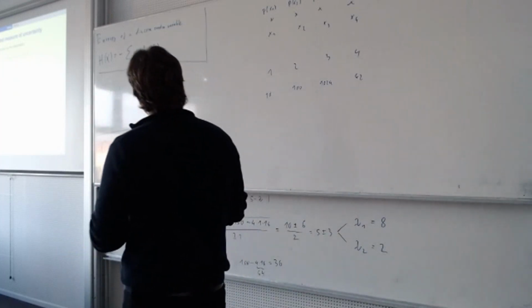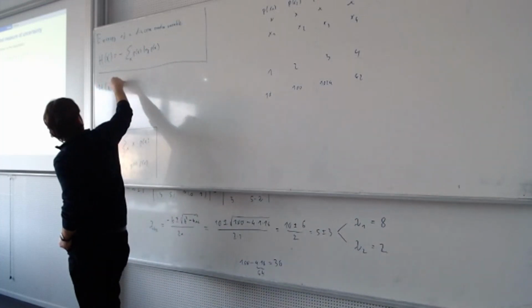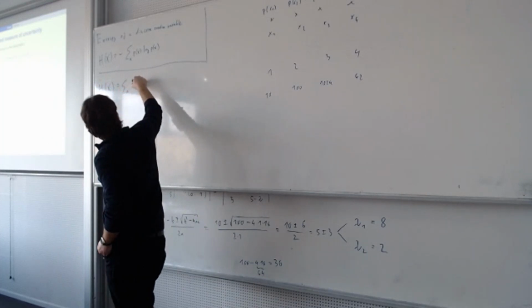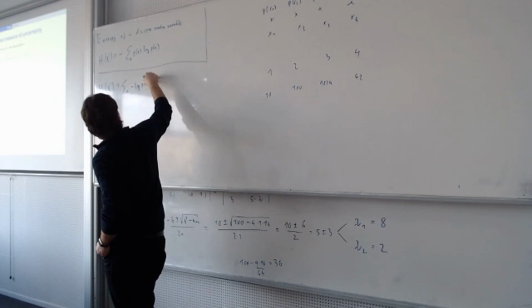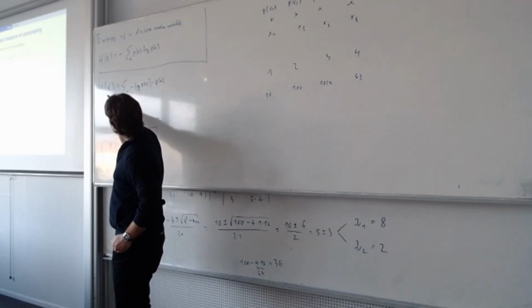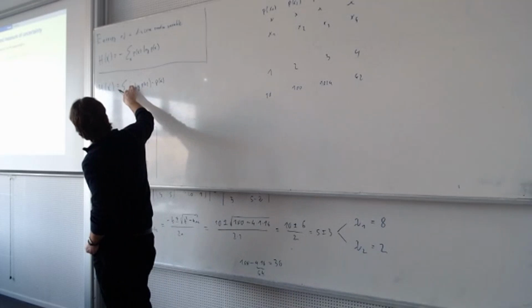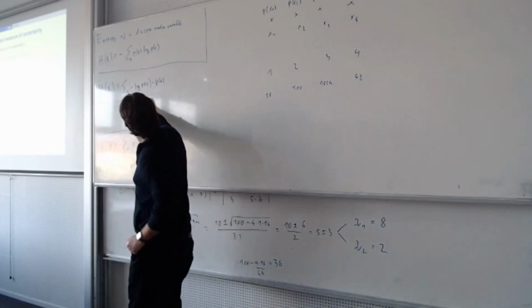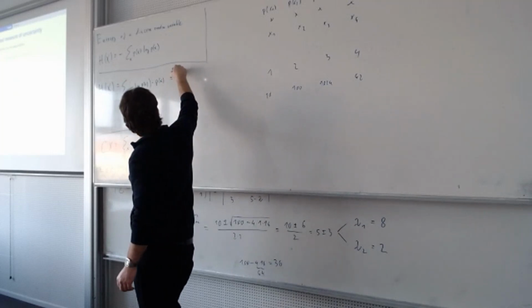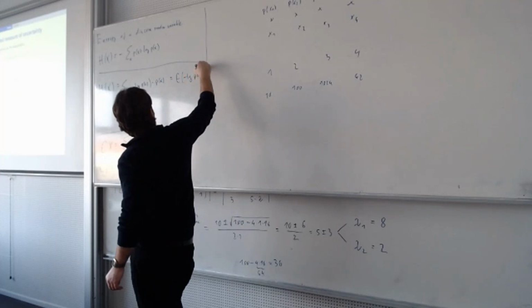And if you take a look at the entropy, then you will see that the entropy is just the sum of minus the logarithm of the probability times the probability. So it is the expectation of minus the logarithm of the probability.